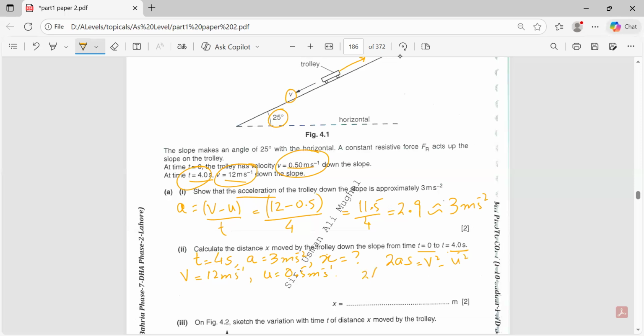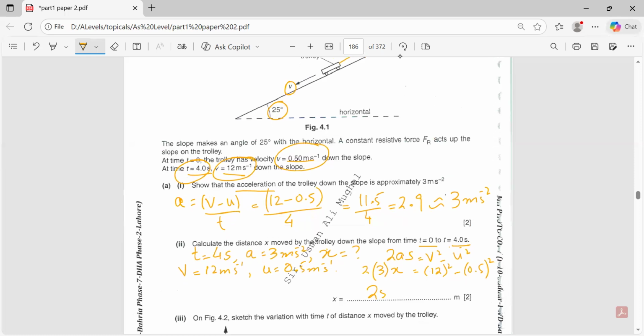So this becomes 2 into 3 into x, and v square will be 12 square minus 0.5 whole square. If we solve this for x, x will be around 25 meters. This x will be equal to 25 meters.